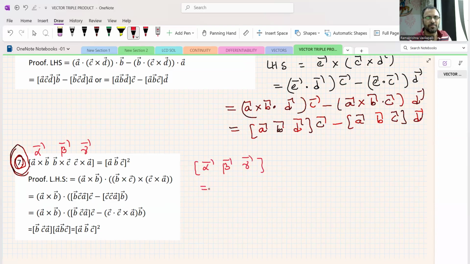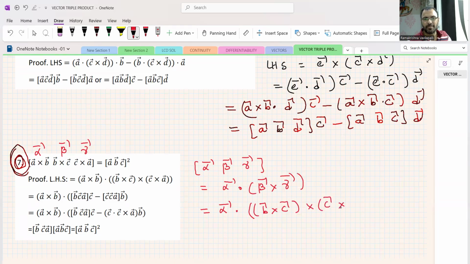This is alpha bar dot beta bar cross gamma bar. Beta is nothing but B bar cross C bar, and gamma is nothing but C bar cross A bar.